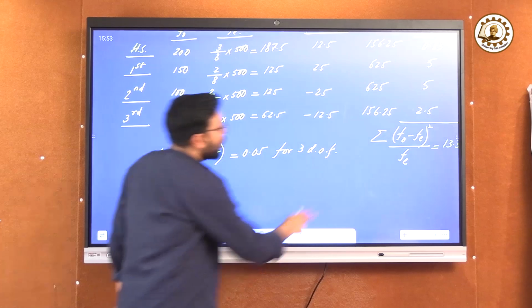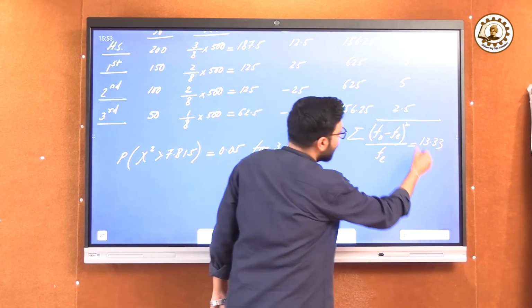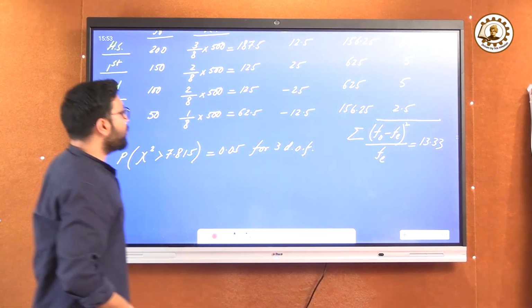Now see the computed value of chi-square. Here the computed value of chi-square is 13.33.